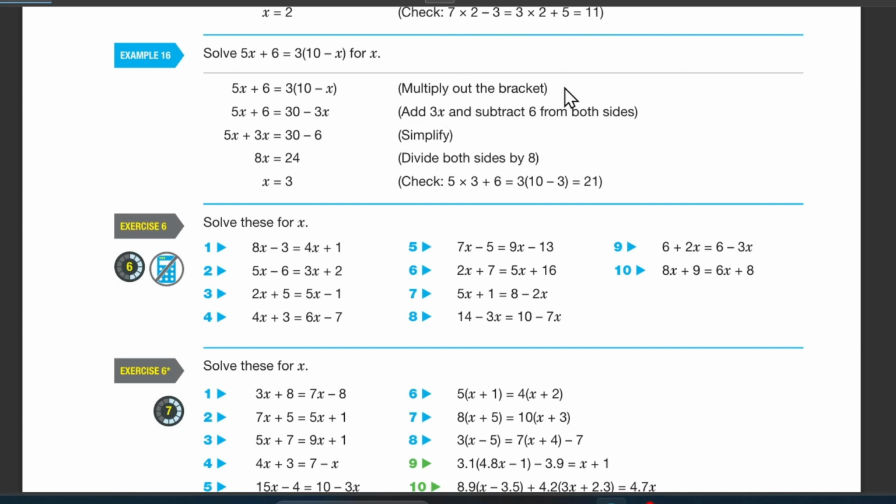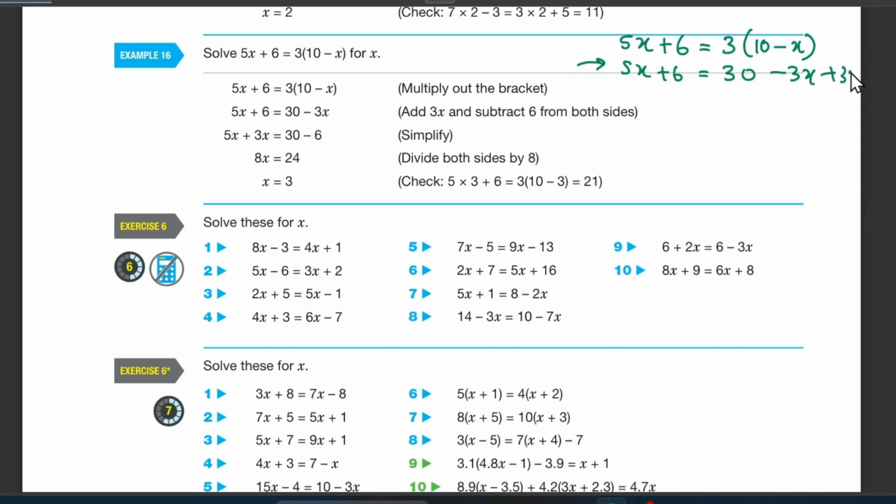So we have to solve 5x plus 6 equals 3 times 10 minus x. So let's first expand this bracket. So it's better to keep x on the left hand side.